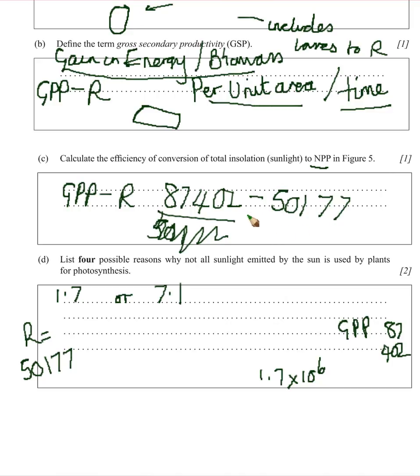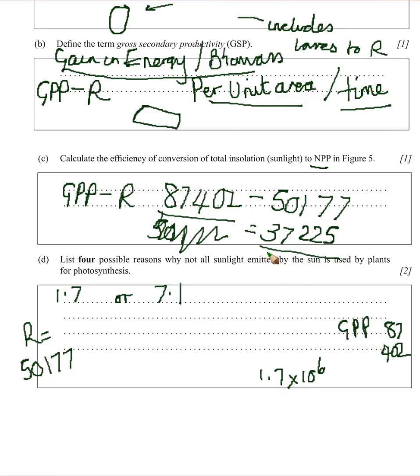And that gives us 37225. Okay, and so then we divide this by the amount of the insolation.